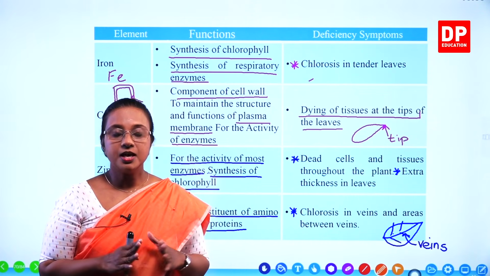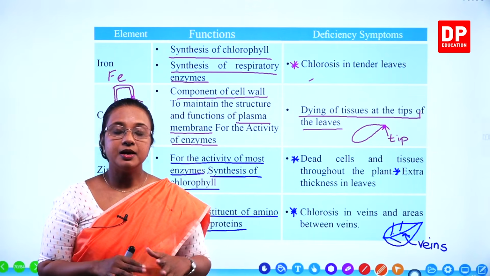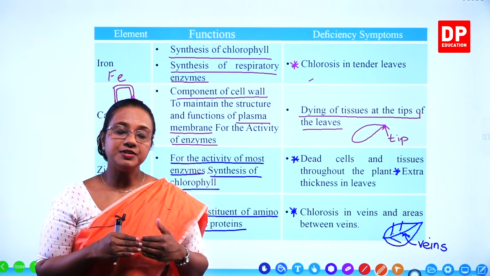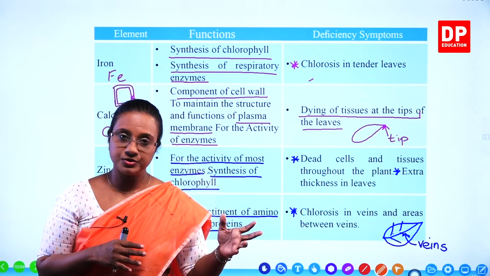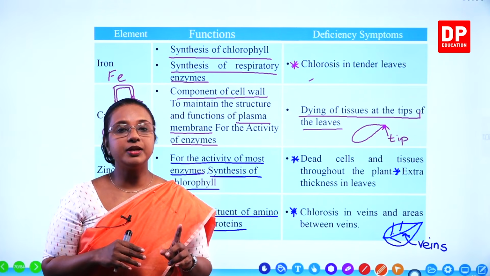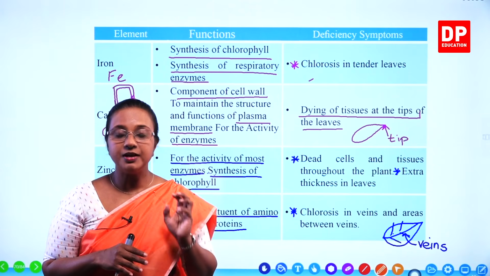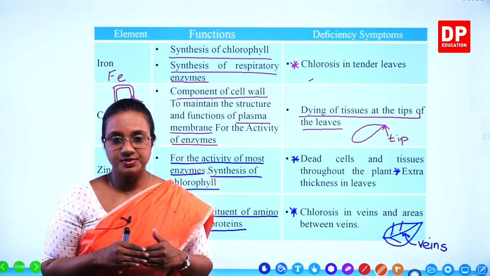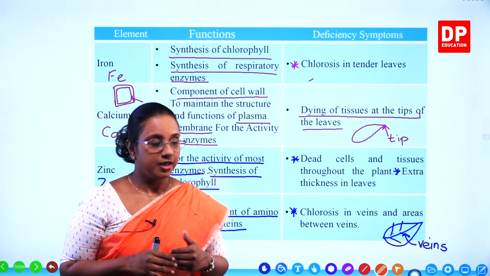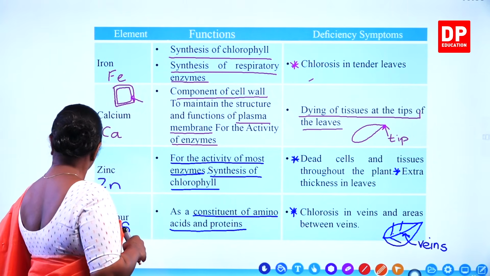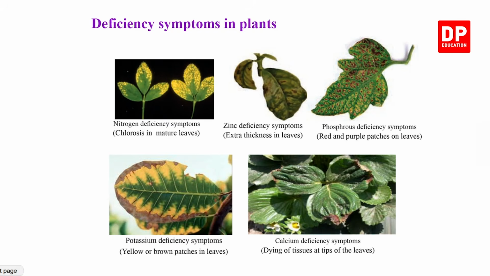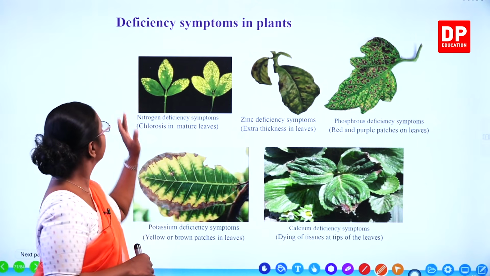So, students, you have to remember different mineral deficiencies cause chlorosis, but you have to remember in which part of the plant leaf the chlorosis is observed. Okay, so with that we will go on to the next slide where you can see the deficiency symptoms.